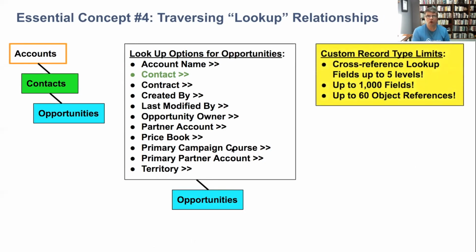So I can go across traversing 5 levels. I can access up to 1,000 fields through this lookup, and I can reference up to 60 objects. So a very powerful tool to look back up if you need to capture a field that you missed as you were building the data hierarchy.